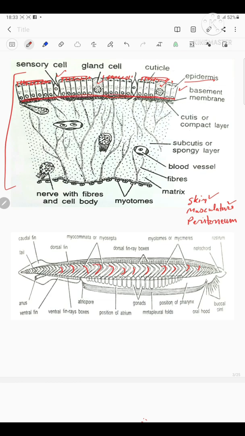Second layer, it is the internal one, it is further divided into two parts, that is outer one having thick or compact connective tissue known as cutis or compact layer, and inner layer, this layer, it is spongy connective tissue having a large number of blood vessels, nerve cells, nerve fibers and other cells.